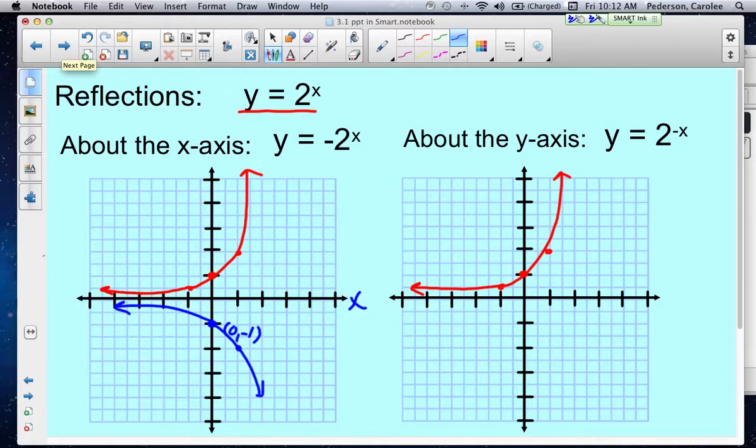So now it's made a difference. I still have the same horizontal asymptote, but now my range is different. And it's also decreasing over time. This is a decreasing function.